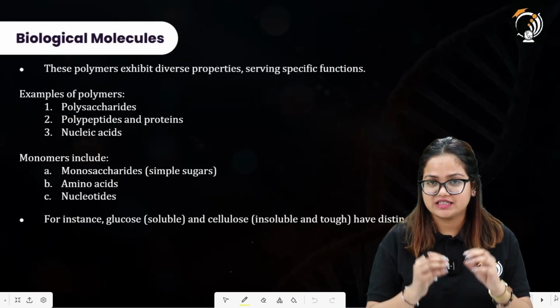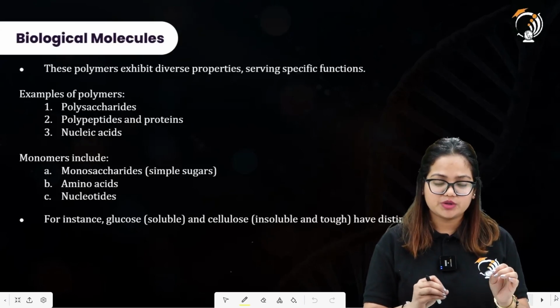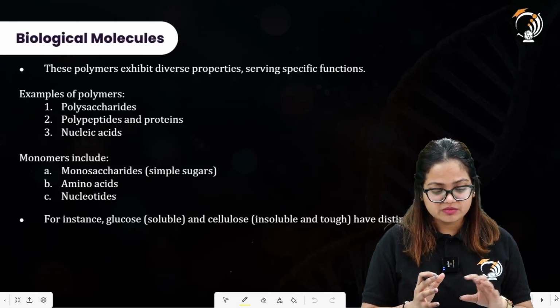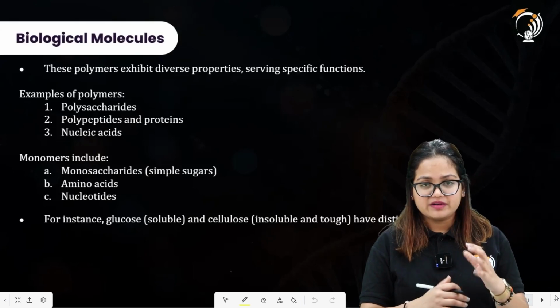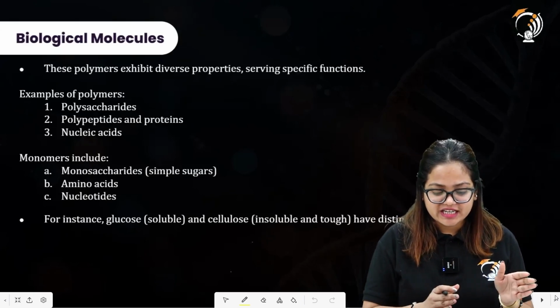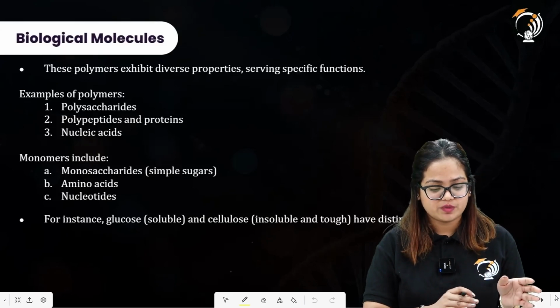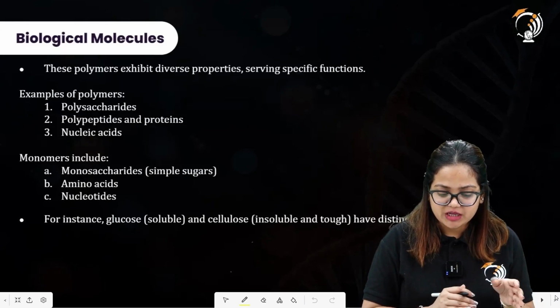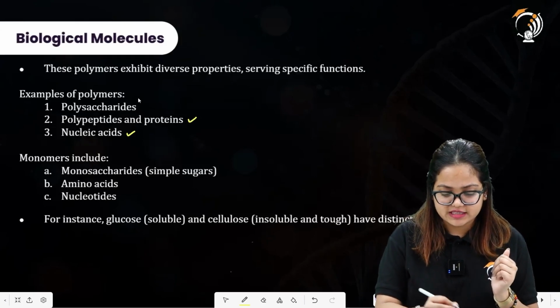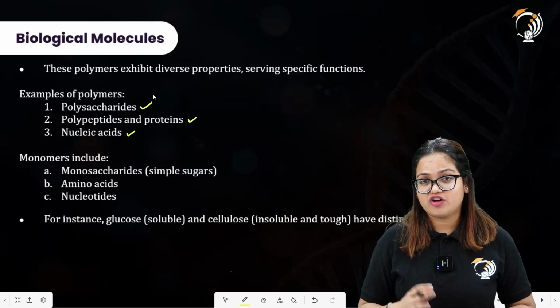So we have certain examples of polymers which you need to consider. Though we have not seen any question coming from this examples section, for the sake of our understanding, we will just go through that. Polysaccharides are the first example of polymers. Then we have polypeptides and proteins. Then we have nucleic acids. So all of these are examples of polymers.